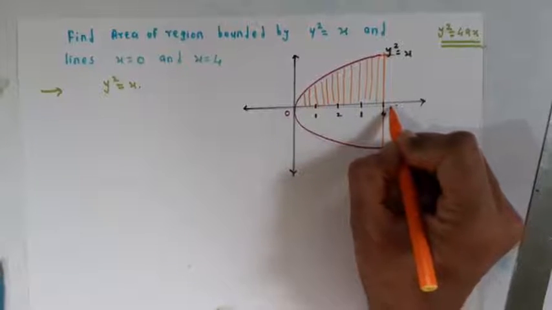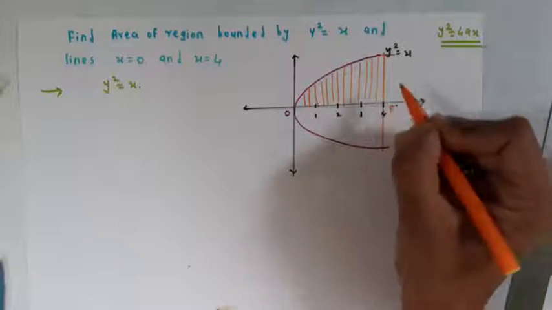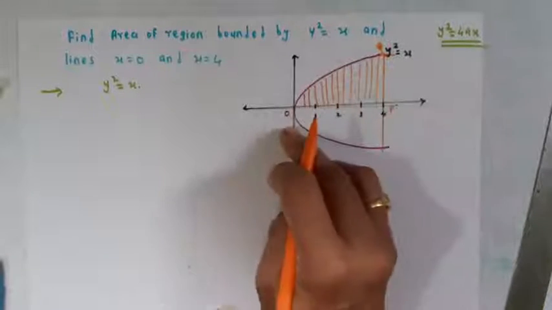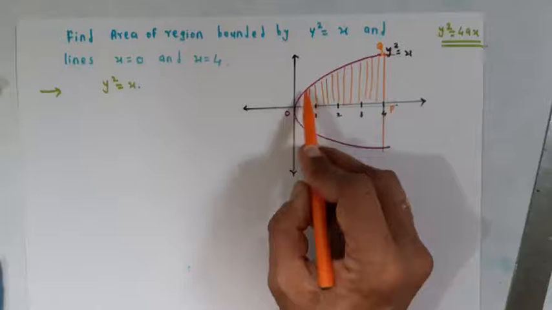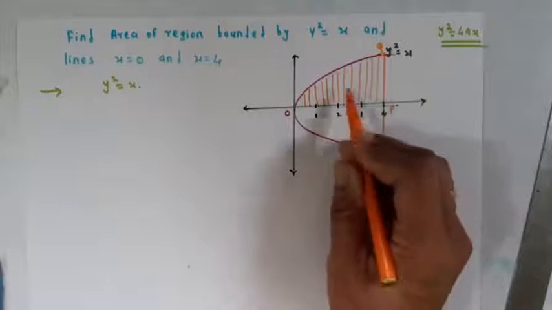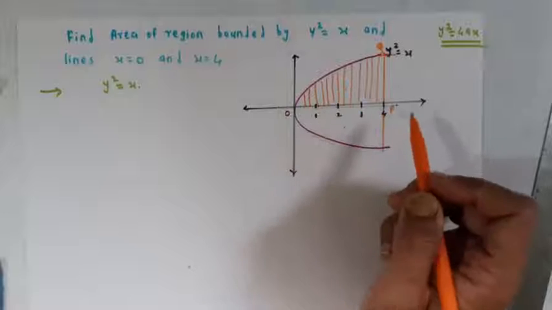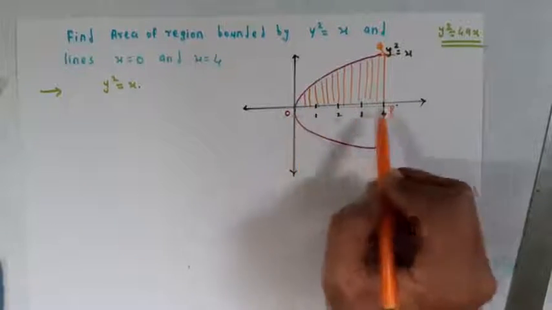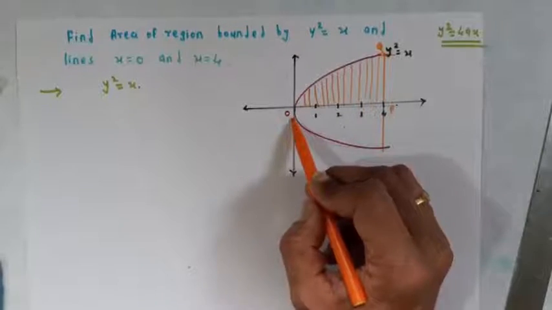OPQO is the shaded portion of area, and total area means this area plus this area, and that is equal to 2 times the area OPQO.